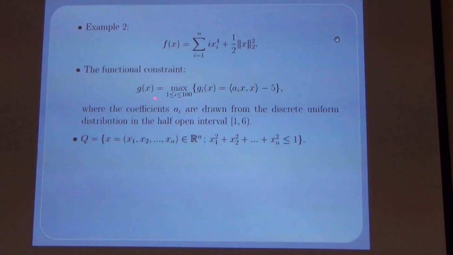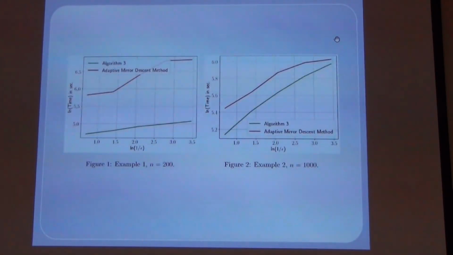The functional constraint is the maximum of 100 quadratic functionals, and we have the following results. The running time of the compared algorithms as a function of 1 over epsilon. Epsilon is the accuracy of the solution.